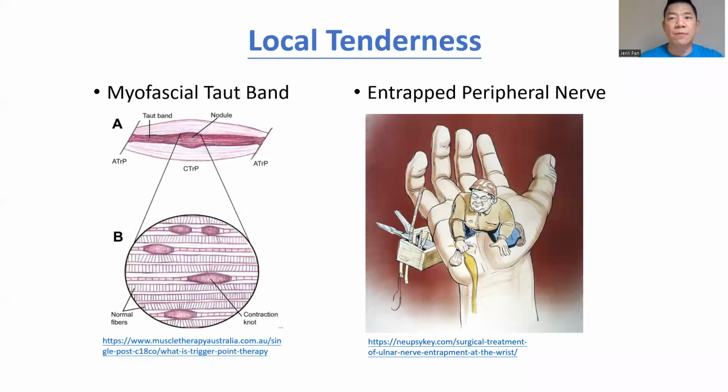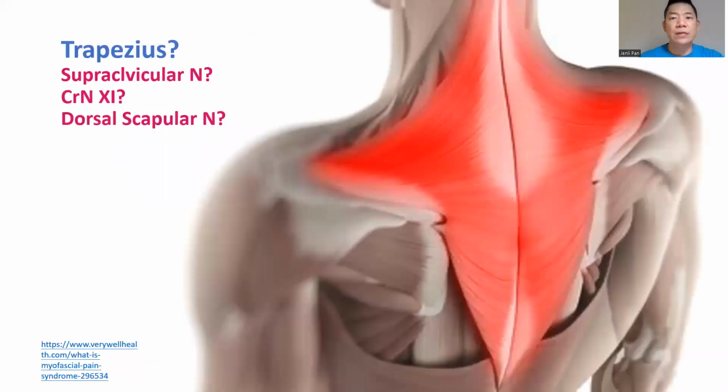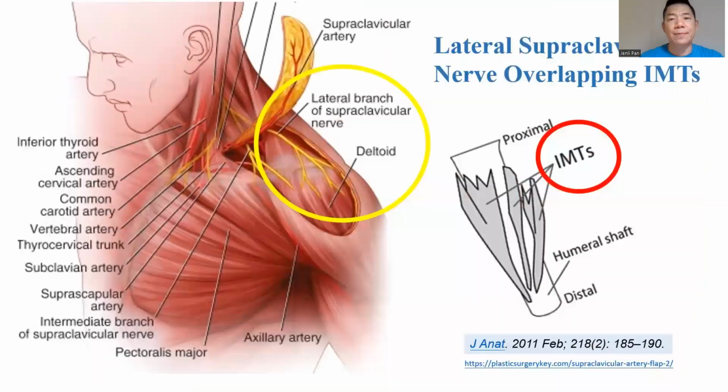So how to differentiate from these? For example, a painful upper back can be trapezius myofascial pain, supraclavicular nerve entrapment, cranial nerve 11 entrapment, and dorsal scapular nerve entrapment. So how could we differentiate them clinically or physically?